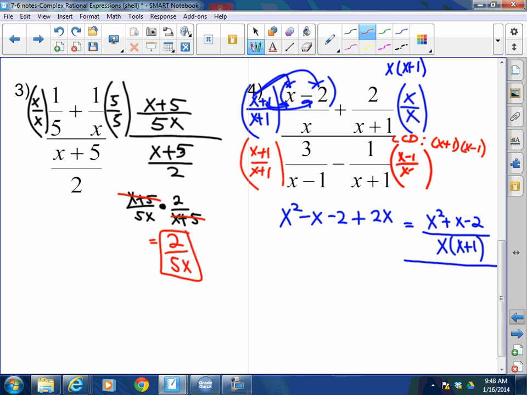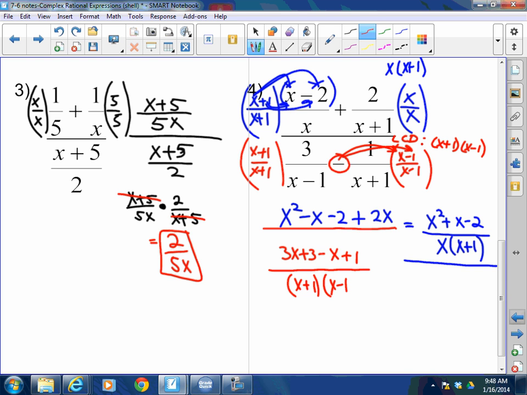Okay, so let's distribute and calculate it. This is over. I got 3x plus 3 minus x plus 1. Please remember that's a negative. So it's negative 1 times x giving me negative x. Negative 1 times negative 1 giving me a positive 1. Over x plus 1, x minus 1.